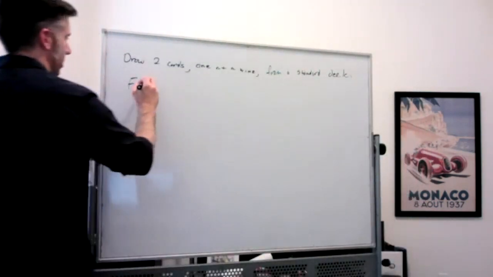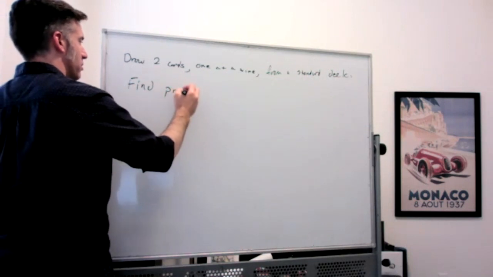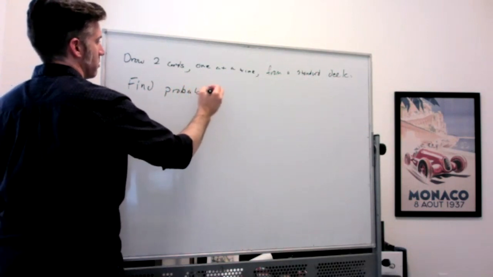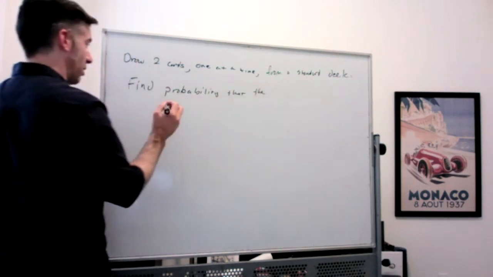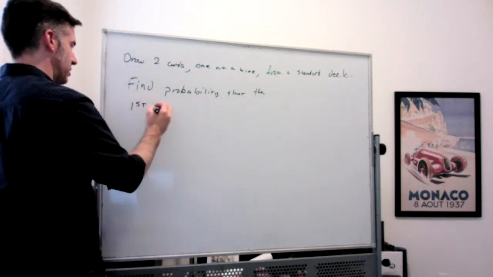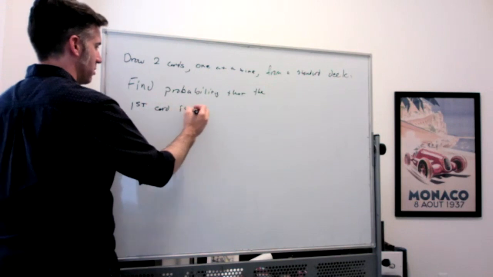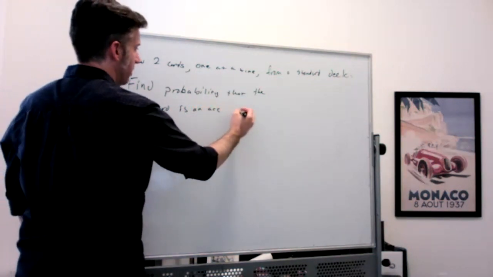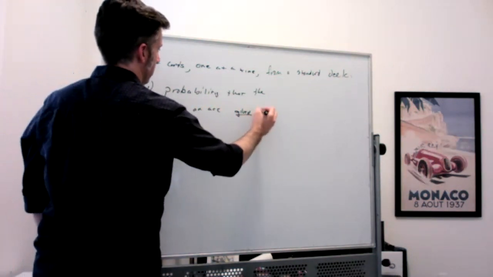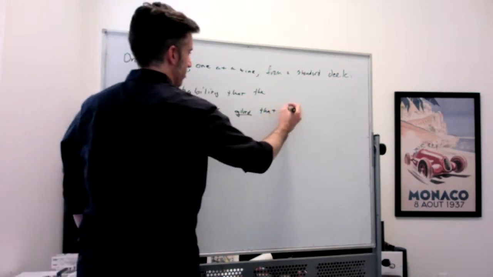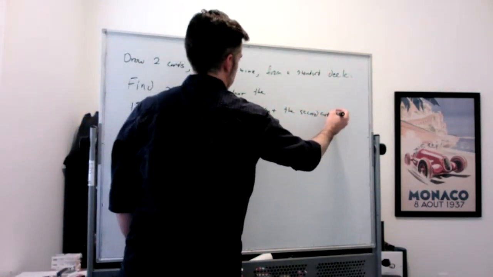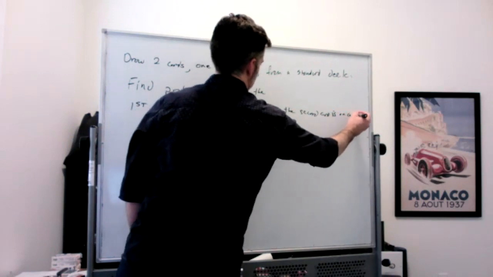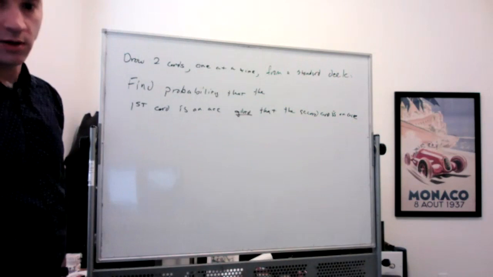Find the probability that the first card is an ace, given that the second card is an ace. Okay, we can do that.